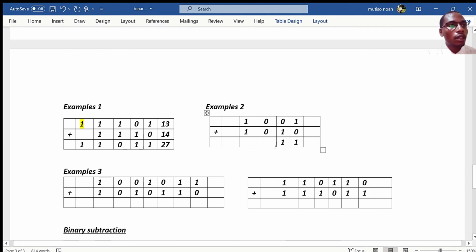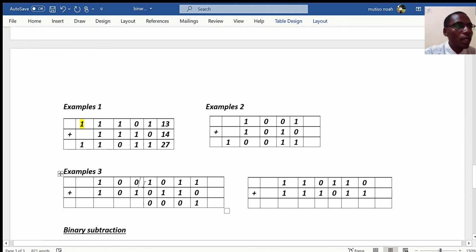This will be 1, 1, 0. This will be 1 plus 1, which is 0, and then we carry 1 there. Do the same to this one, which is 1. 1 plus 1 is 0, carry 1. Then we have carried 1 from here. 1 plus 1 again should be 0, carry 1. 1 plus 1 again, another 0, carry 1.